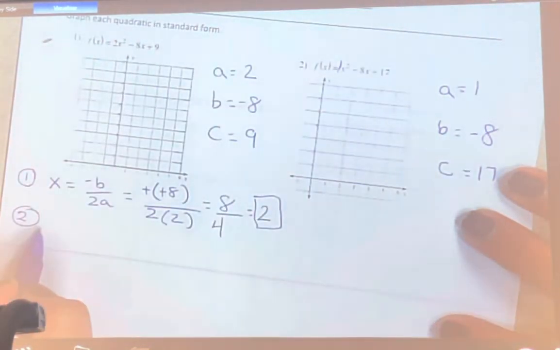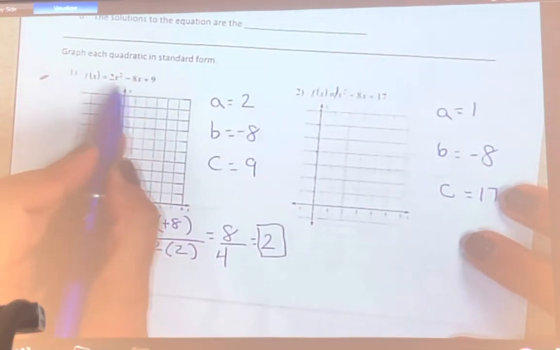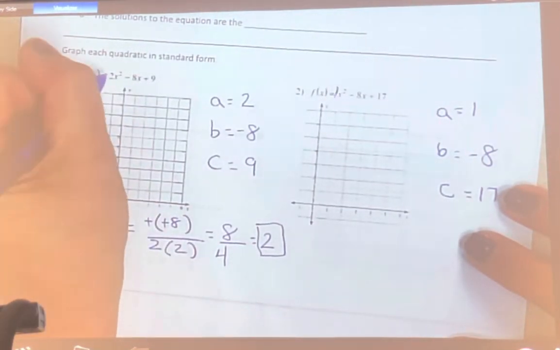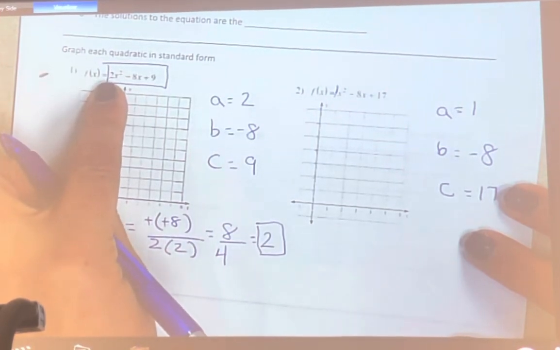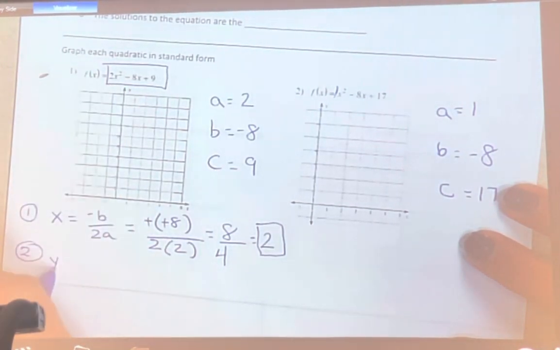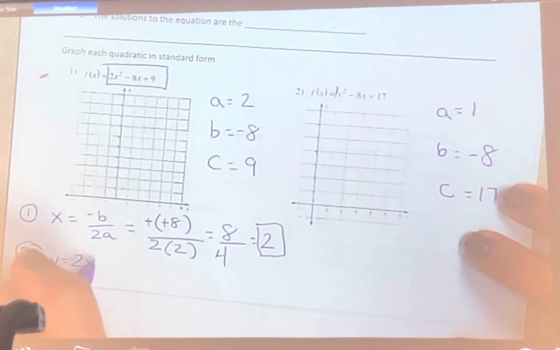Okay, so here is step 2, and I'm going to write this equation out right here. y equals 2x squared minus 8x plus 9.